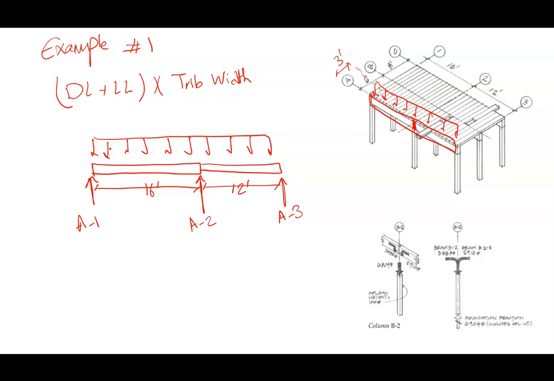Pay attention to the information provided in the question, and also pay attention to what the question is asking for. So then we have these columns, and we have the column reaction.